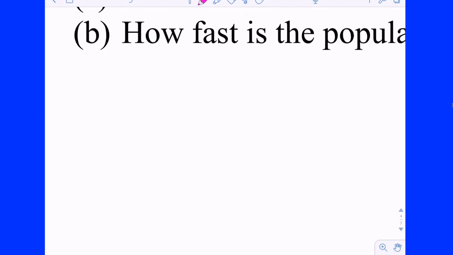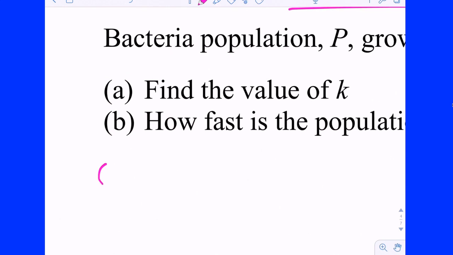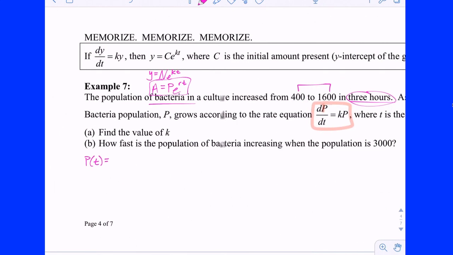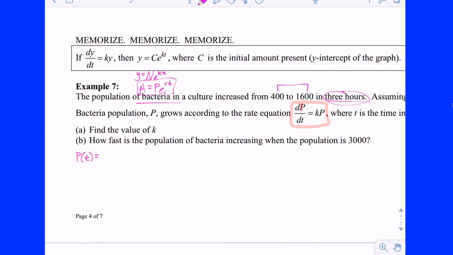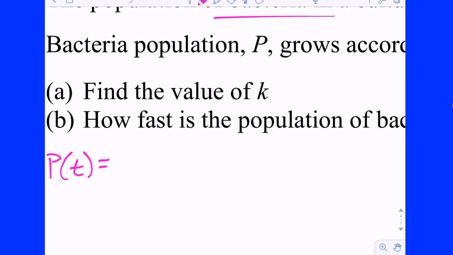So in pre-cal, you might say, the population P, what was the initial population of bacteria? I don't know. I'm going to call it C.